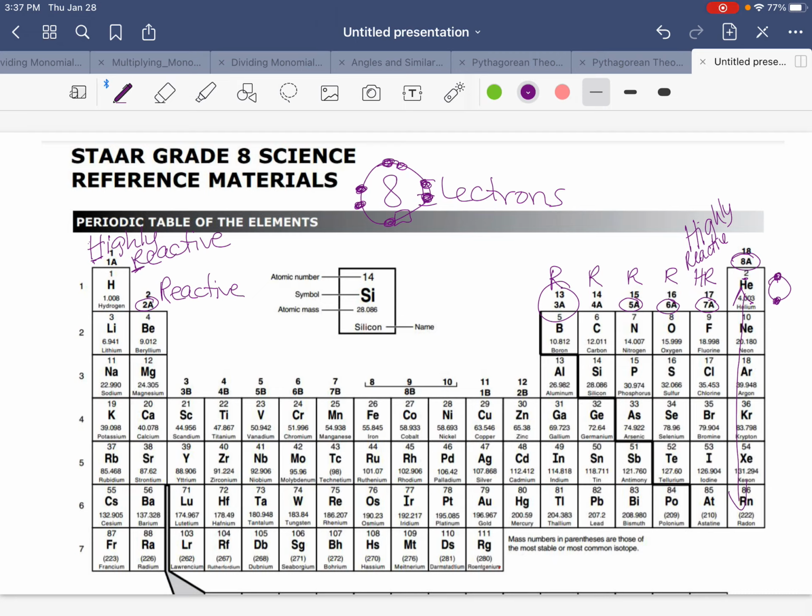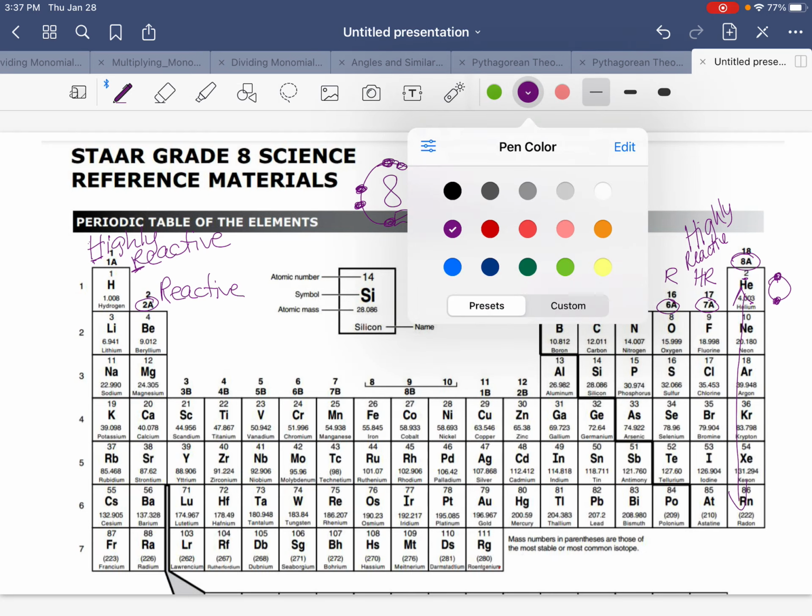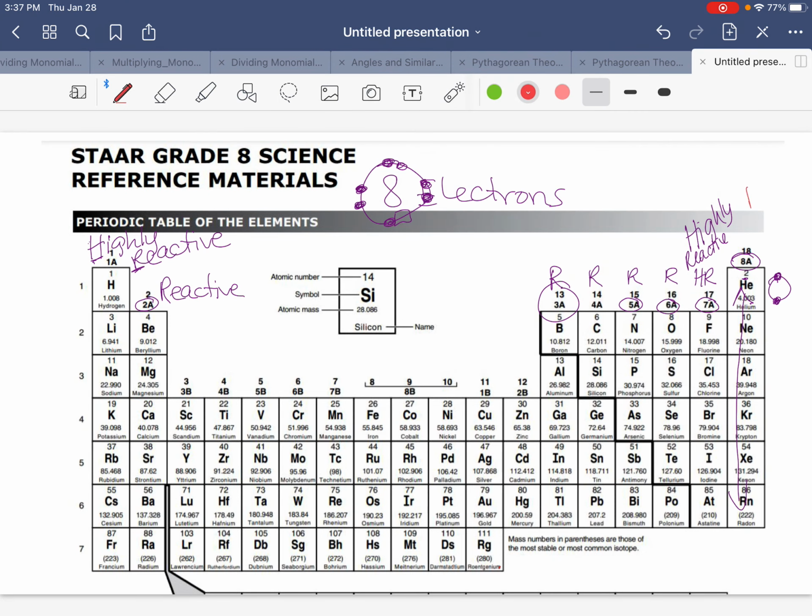They don't bond with other things. So they are non-reactive. This is the only group out of all of these that is non-reactive. So we always label it NR for non-reactive. So you've got group 1 and group 17.